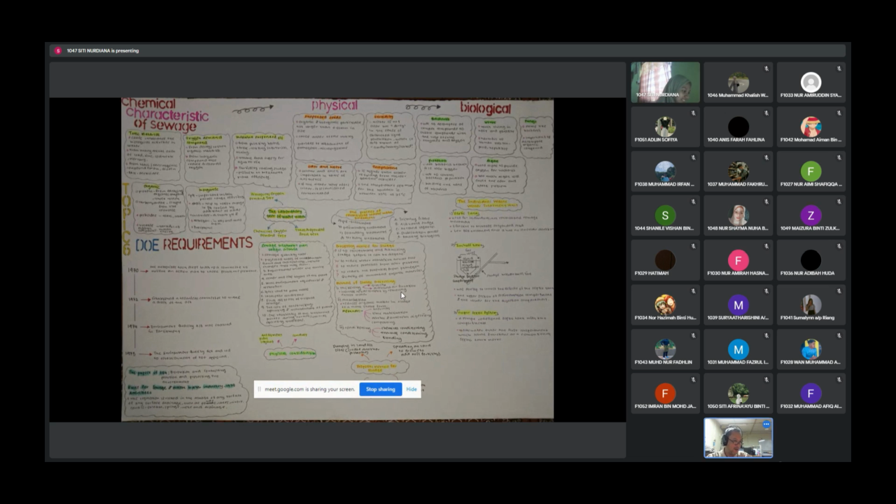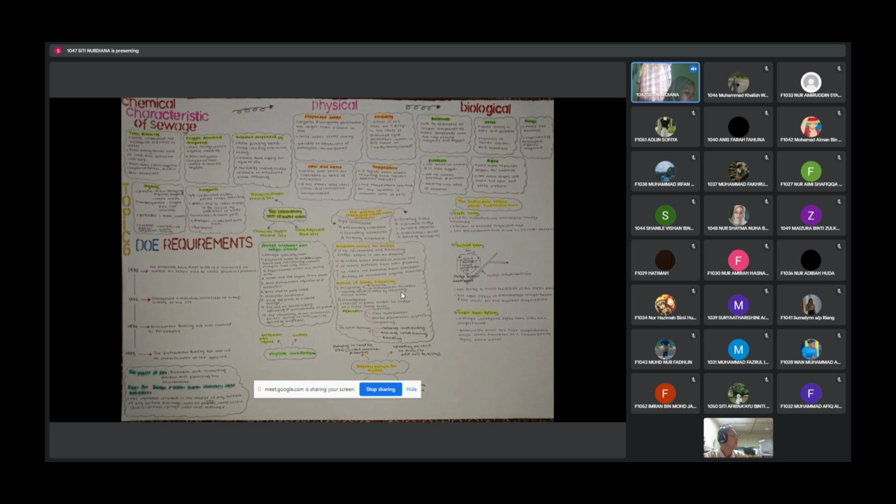There are 3 characteristics, which are chemical, physical, and biological. There are 5 under chemical, 4 under physical, and 5 under biological. And there is a DOE requirement from 1970 until 1975.